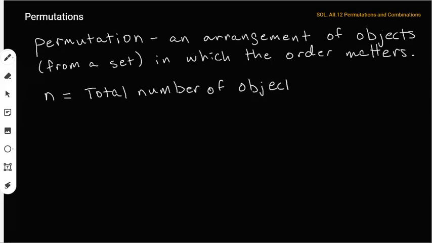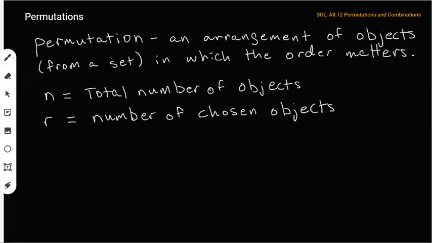And r, or k, which is sometimes used, is going to be the number of objects chosen, which is different from n. And in general, the total number is going to be greater than or equal to the number of chosen objects.